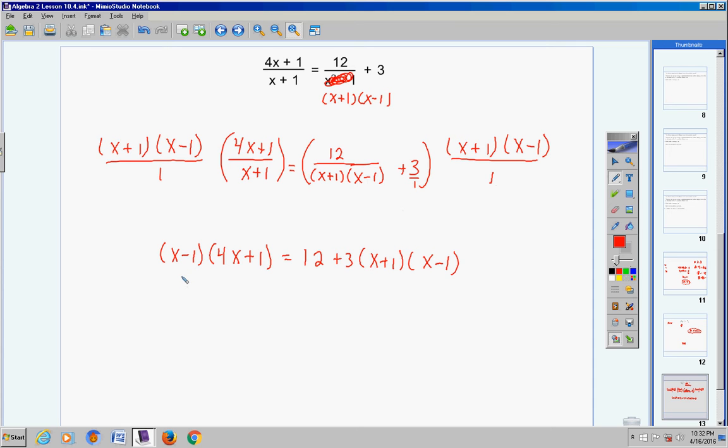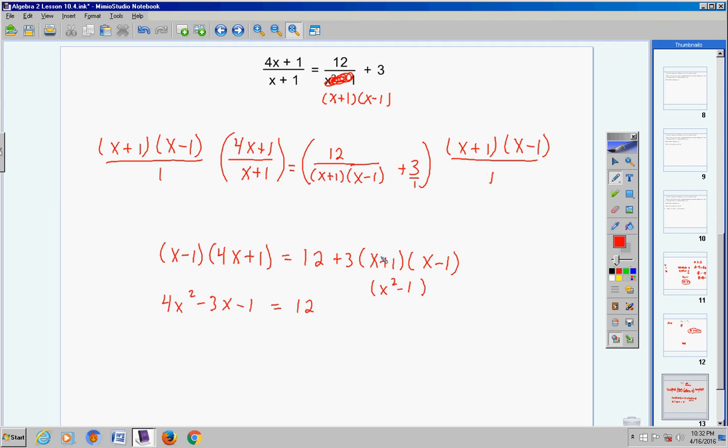We have done millions of these this year. A binomial times a binomial. Take the x, multiply it through, take the negative 1, multiply it through, and you'll get this right here. You'll get a negative 4, a positive 1, negative 3x, and a negative 1. Over here, if you multiply a binomial times a binomial, you will get x squared, negative 1.